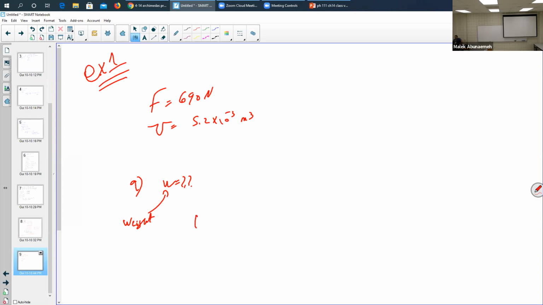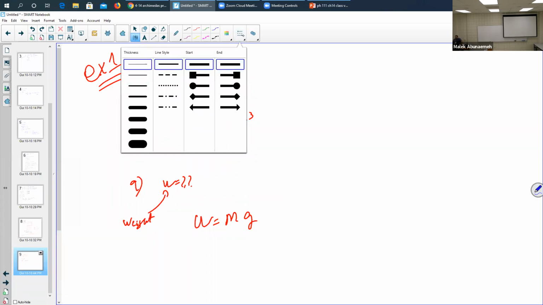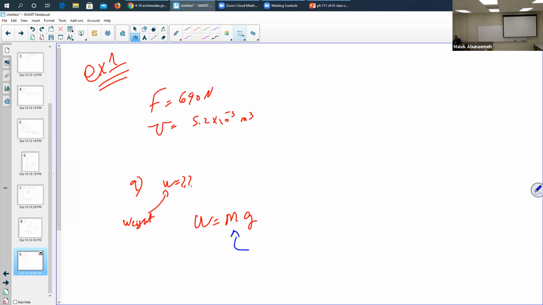Now, in order to find the weight, we define it as before as your mass times gravity. But we don't have the mass. So in order for us to solve for the mass, we use rho equals m over v, which means your mass equals your rho multiplied by your volume. Now, what is your density for the blood?